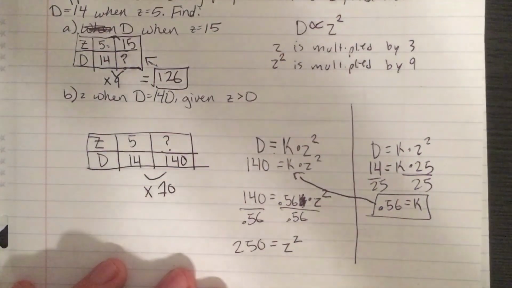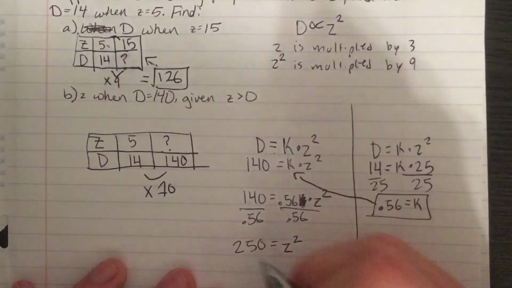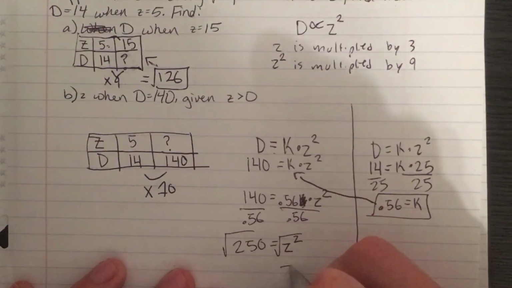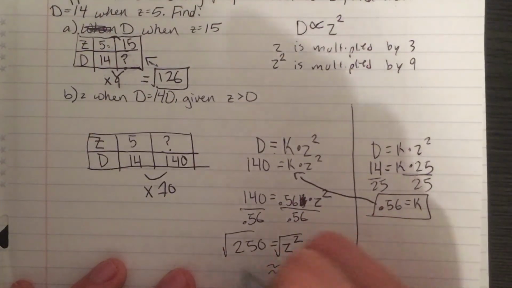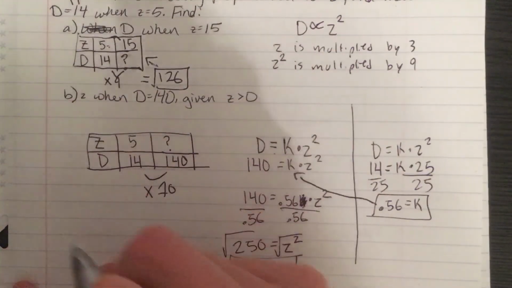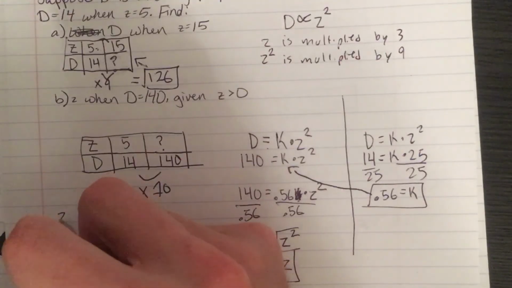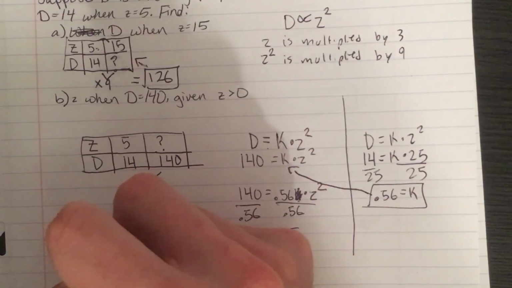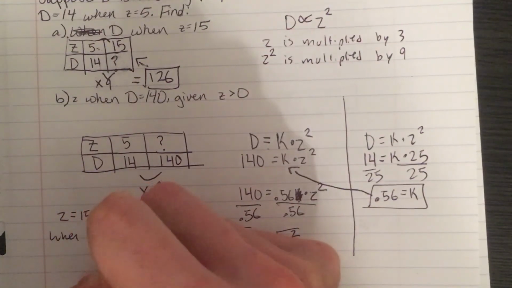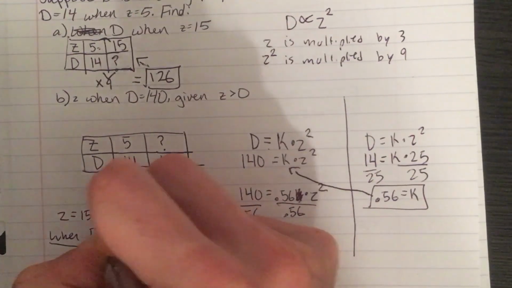And so then to solve, we're going to take the square root of both sides here to get that Z is approximately 15.8. So we're going to say that Z equals 15.8 when D equals 140.